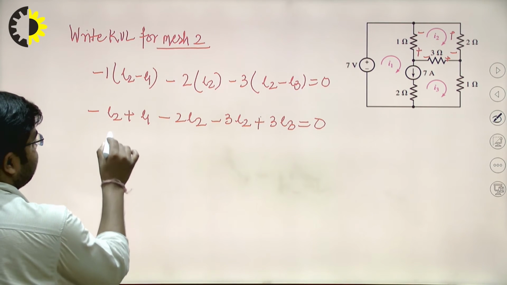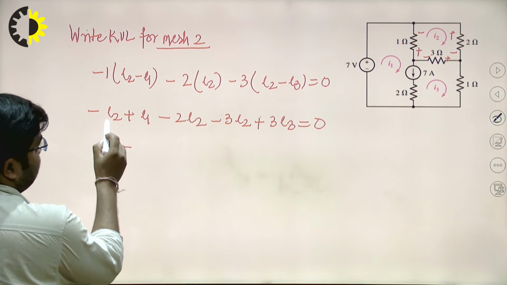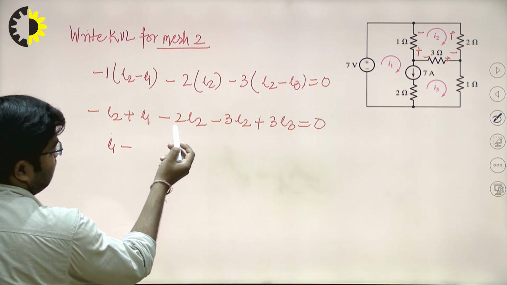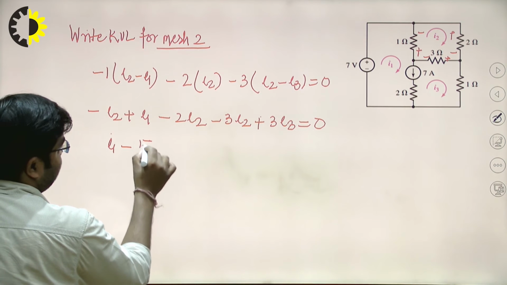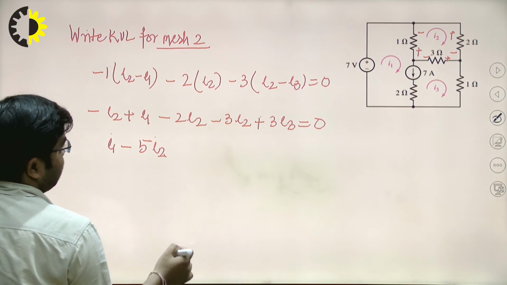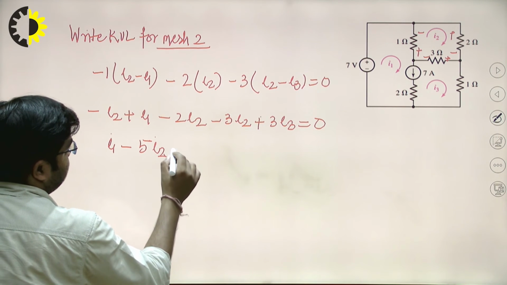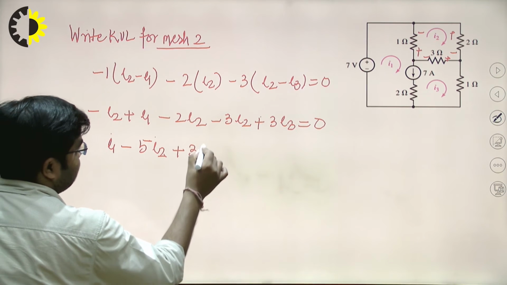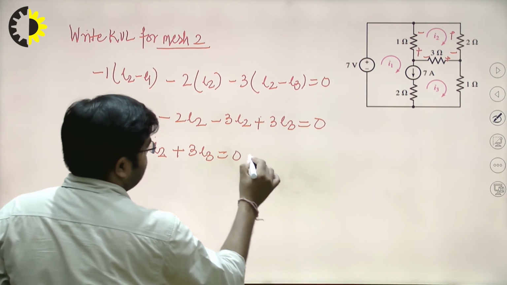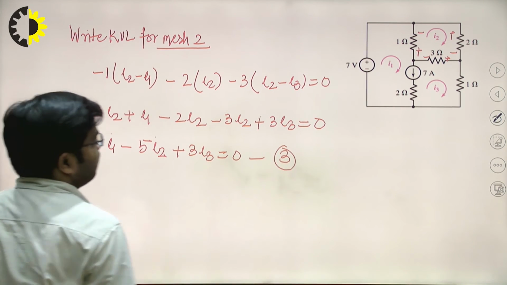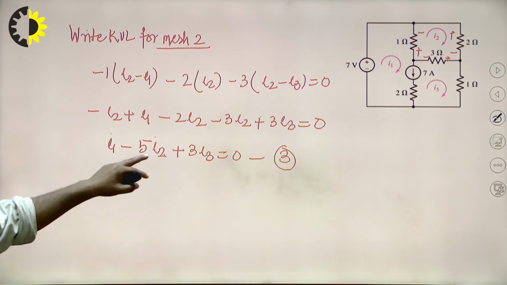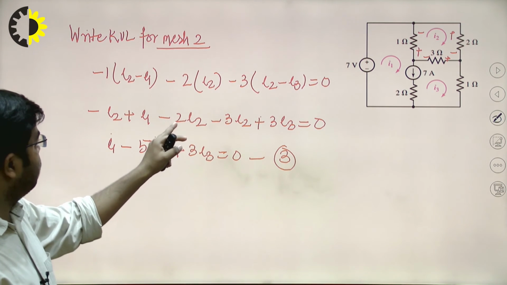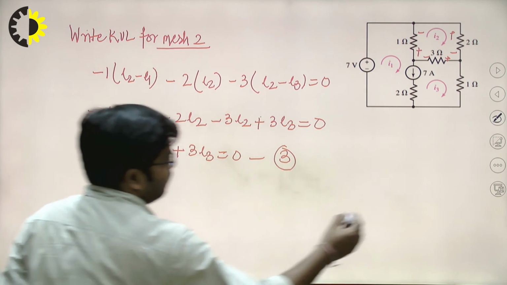So I1 minus, 1, 2, 1, 3, 3 to 5. This is 5I2, then plus 3I3, is equal to 0. So this is equation number 3.